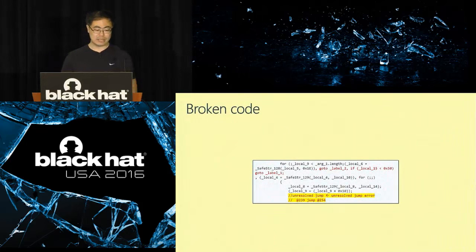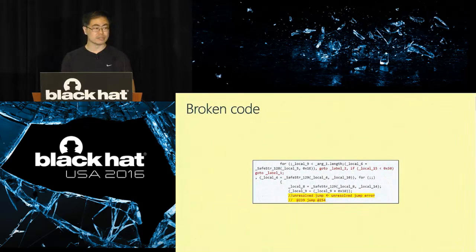One of the reasons is that they are doing a lot of obfuscation, and out of all those obfuscations, the most advanced one I found is the broken code shown here. If you open a recent Angler exploit, one of those, you will probably see these red lines, like a goto statement or unresolved jump statement.